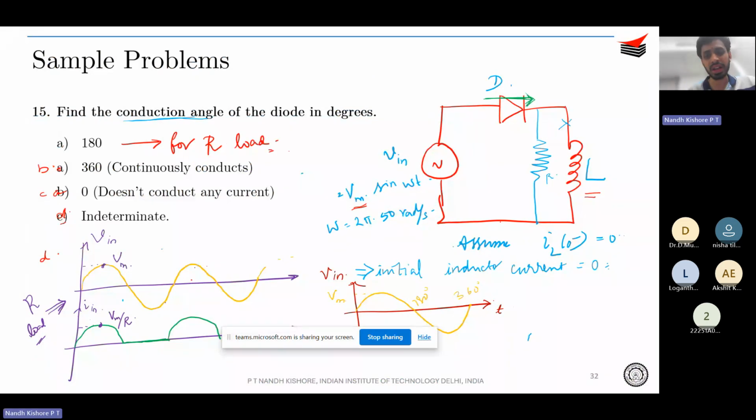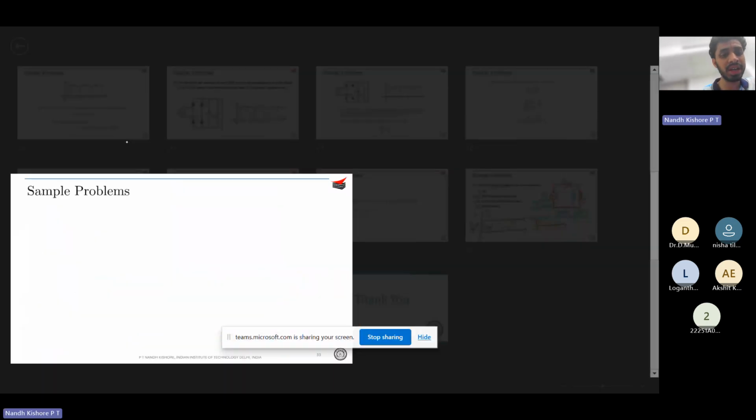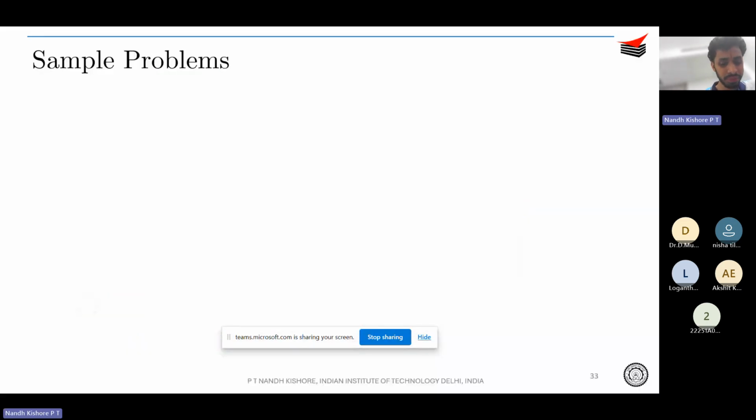So what about an L load? We need to find that out. I will take a new slide and we can see what happens, whether it is indeterminate or doesn't conduct at all. We'll just see what happens.